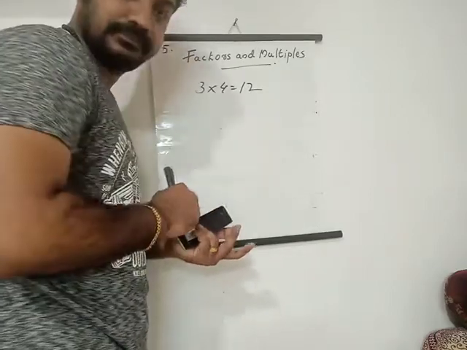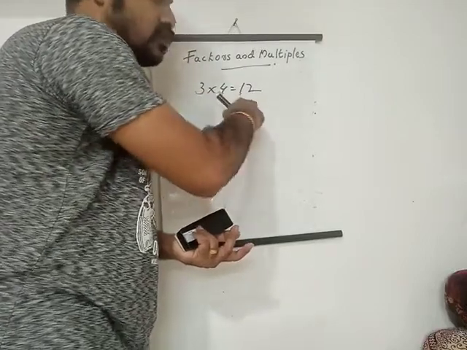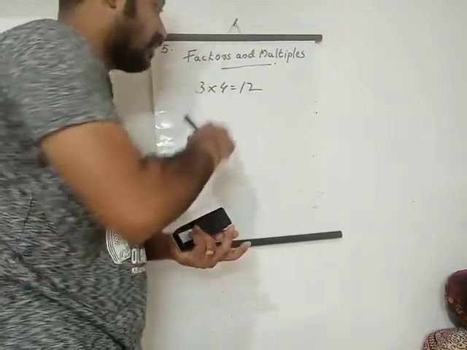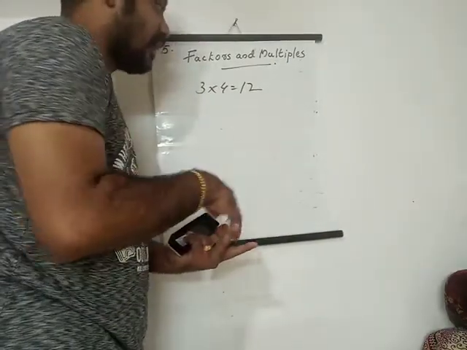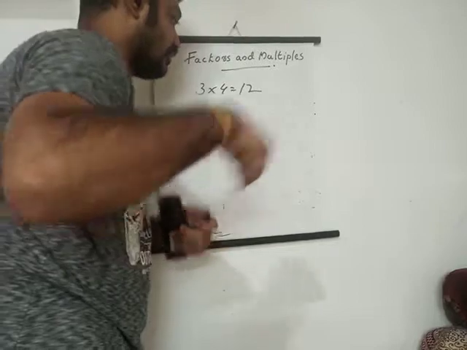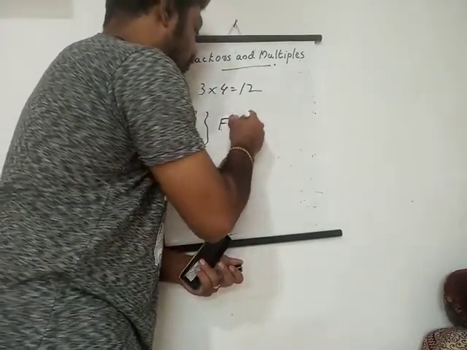Isn't it multiples of 3 and 4? This is a multiple. That means in the 3 table 12 is there, and in the 4 table also 12 is there. Isn't it? 4 3s are 12, 3 4s are 12. Okay. And next thing is that these 3 and 4 are the factors of 12.